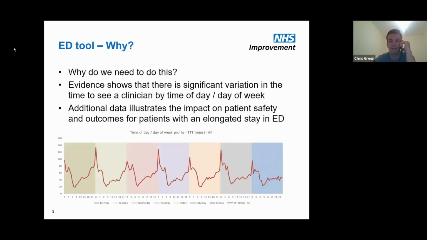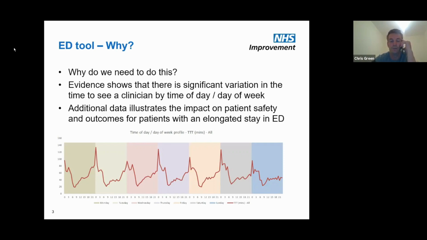So why do we need this? Well, the evidence suggests that there's significant variation in the amount of time it takes to see a clinician by time of day, day of week. We've used this tool in multiple organisations around the country over the past 12 to 18 months, and what we can see by the graph at the bottom is that we've got each day of the week, and the line illustrates the amount of minutes it takes to be seen by a senior clinical decision maker.